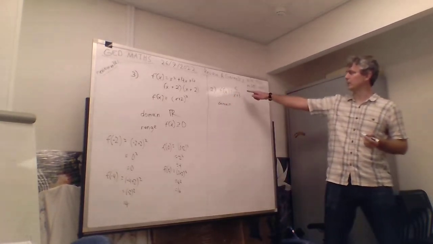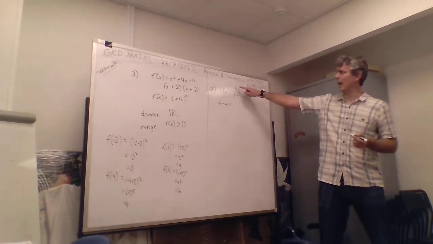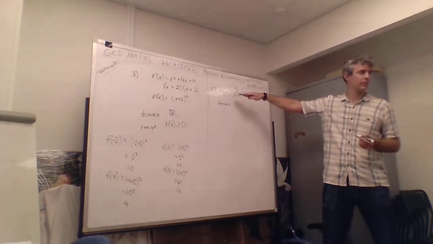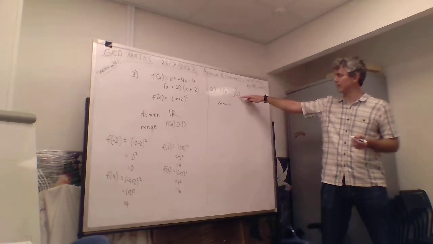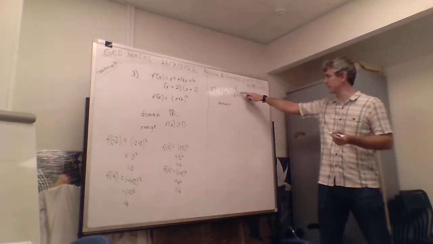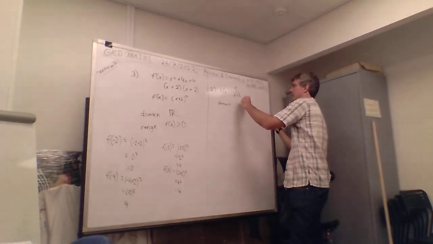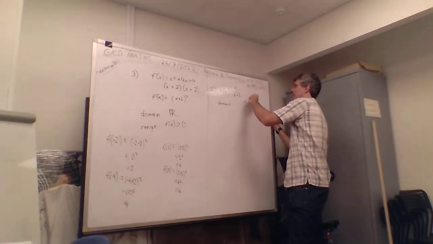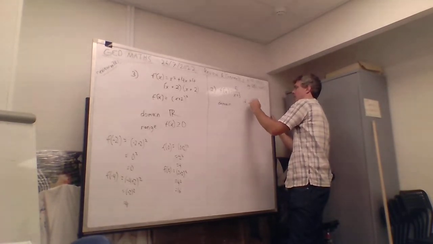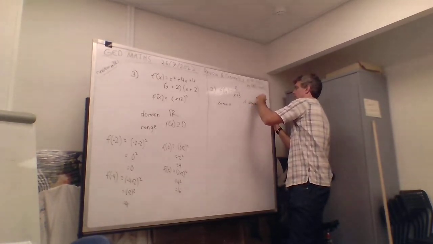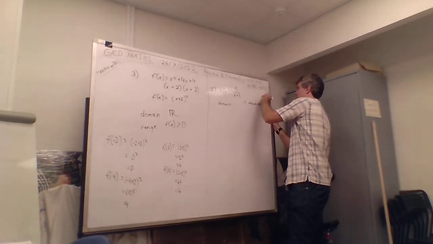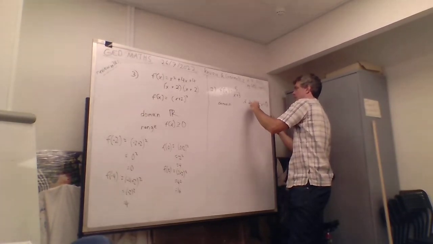What we look at is, is there an x underneath the fraction at the bottom? We have the bottom here as a problem. x plus 3. If the denominator equals 0, problem.